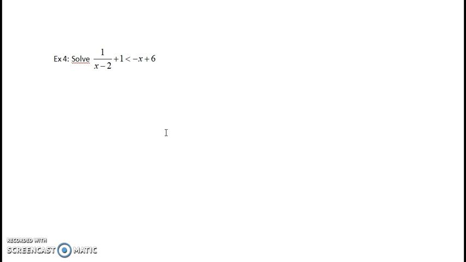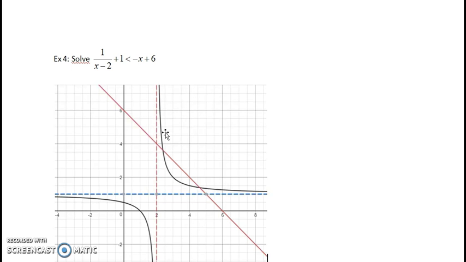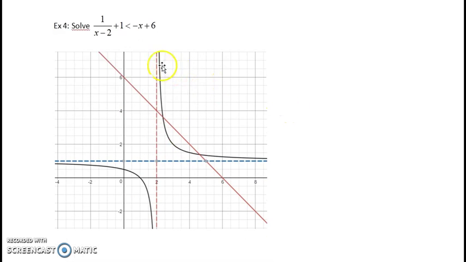So again, always a good idea to sketch a graph. In this case, if I were to sketch both of these, the rational function has a vertical asymptote x equals 2 and a horizontal asymptote y equals 1. I'm drawing those branches there by plugging in a couple of points. This, like I said, is a linear function with a slope of negative 1 and an initial value of 6.